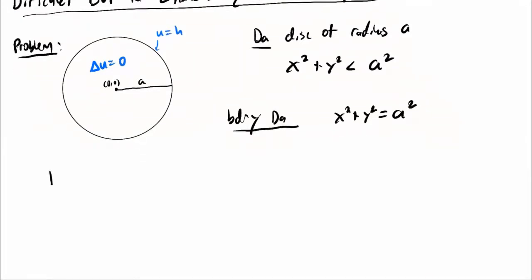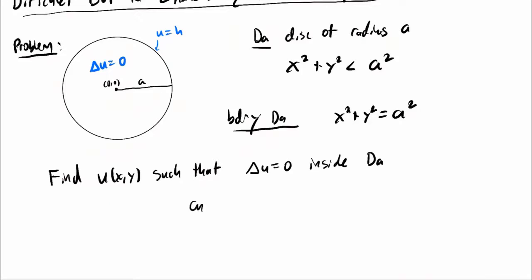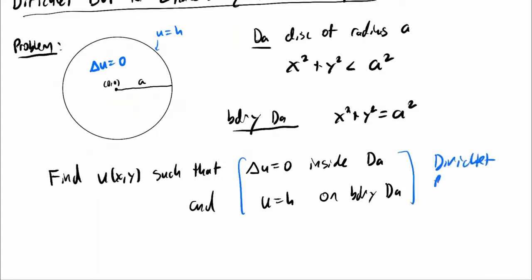So we want to find a function u of x, y such that the Laplacian of u is equal to 0 inside the domain D_a, and such that u is equal to a given function h on the boundary. And this is what's known as the Dirichlet problem for the disk D_a.